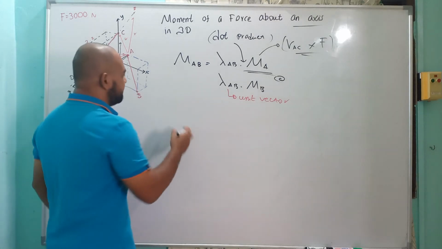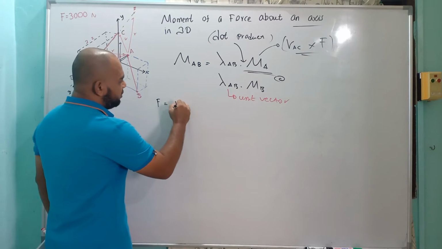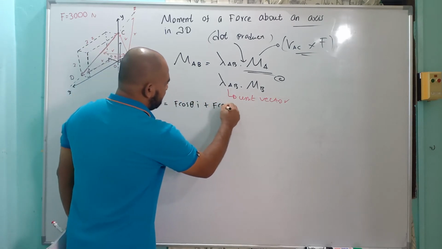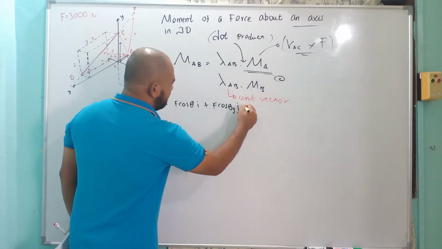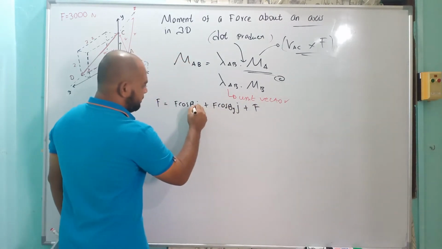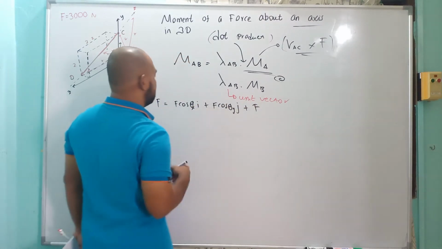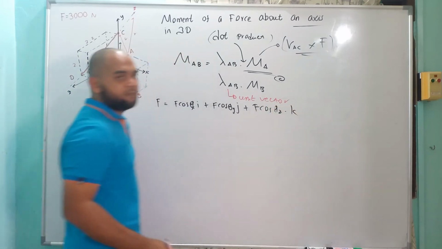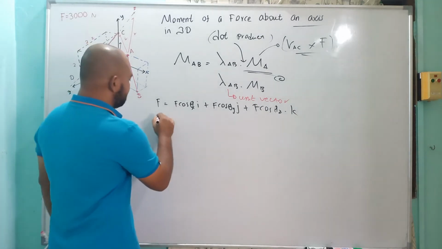From the first angle method, we have F equal to F cos theta x i plus F cos theta y j plus F cos theta z k.